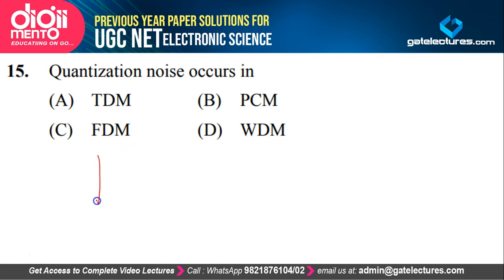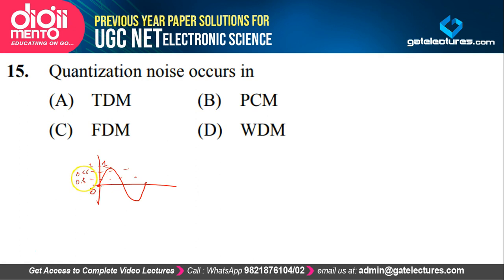What I am saying is, suppose you had a signal like this. This signal has all the values from 0 to 1. Now you want it to take only, suppose, 4 values: 0, 0.33, 0.66 and 1.